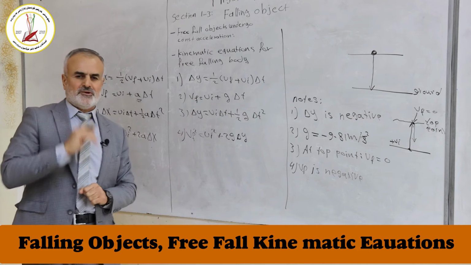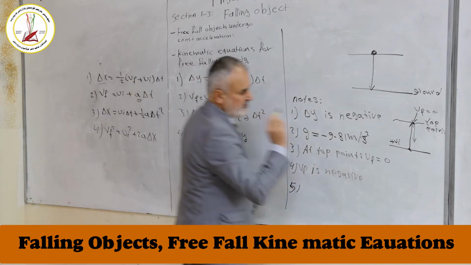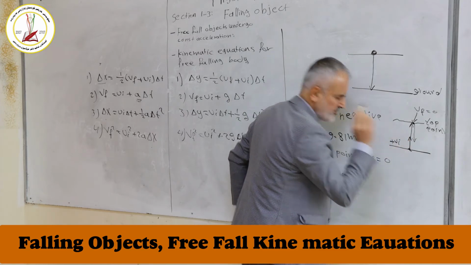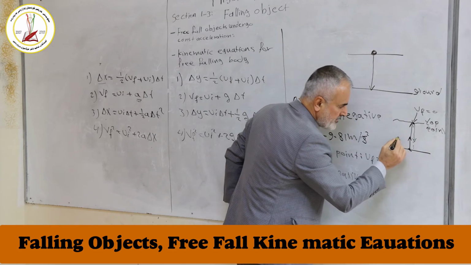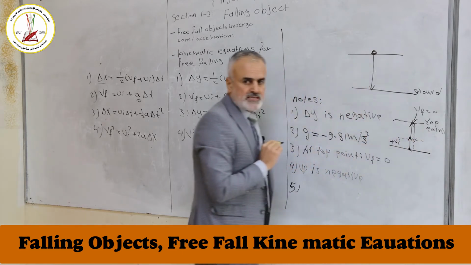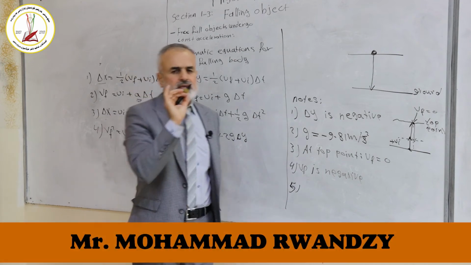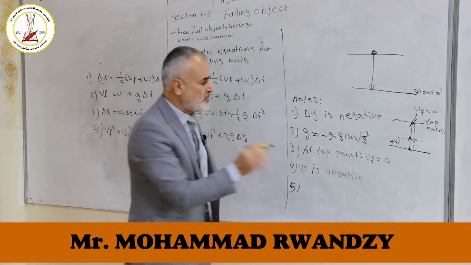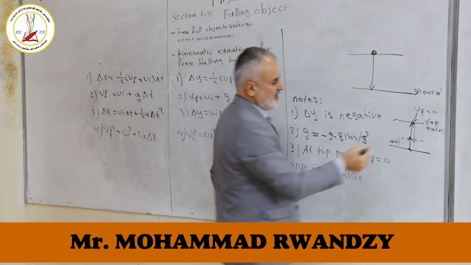Okay, other point, student. When the object, for example, moved upward to this point and then returns down, at this level, at each horizontal point, V final equals minus V initial. Let me explain for you.